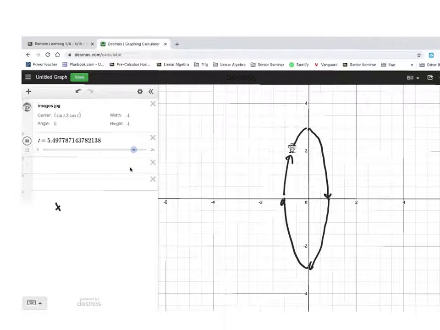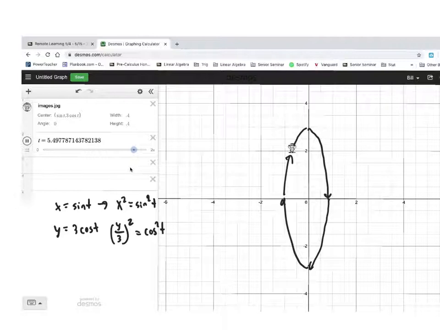If x is equal to sine t, and y is equal to 3 cosine of t, then I can say that x squared is equal to sine squared, and I can say (y divided by 3) squared is equal to cosine squared.